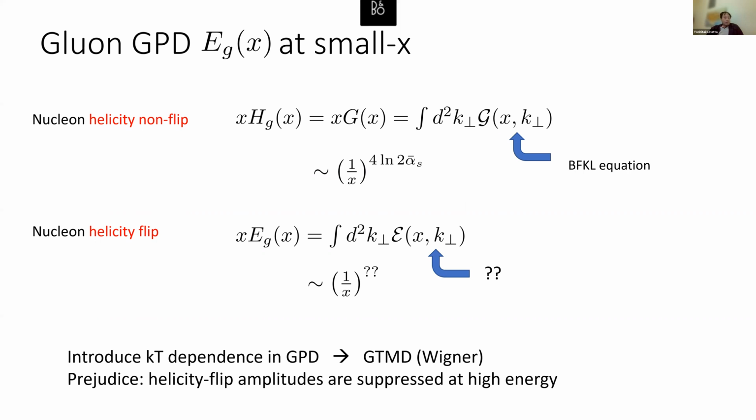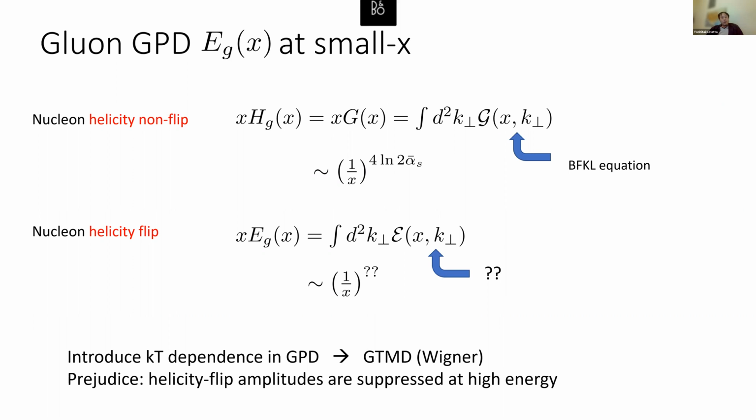However, there was not much discussion about the small x behavior of this gluon GPD E, and basically there has been no previous work. The question is, 1 over x to which power is this?